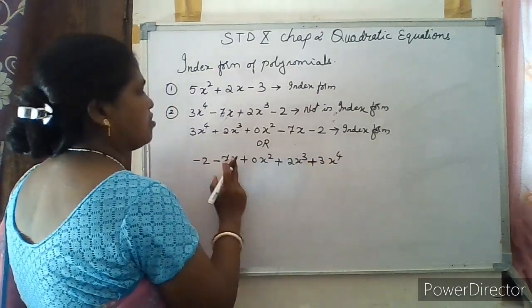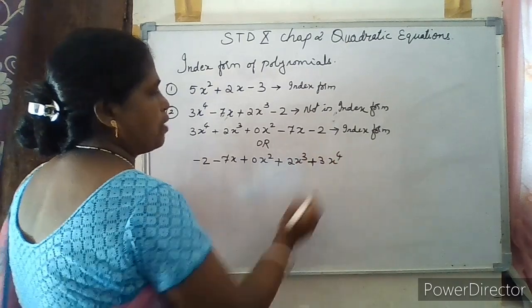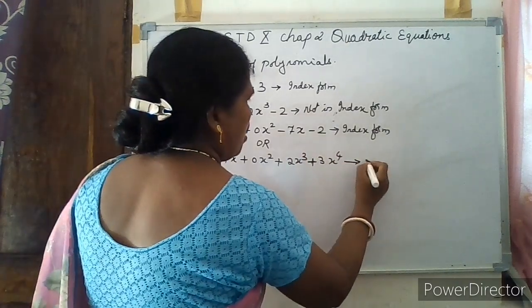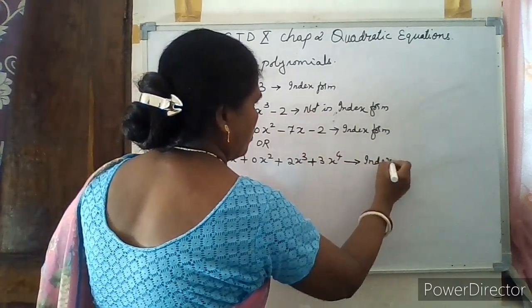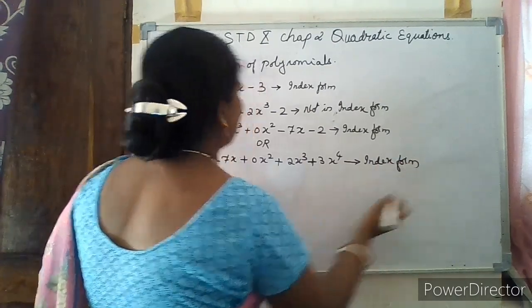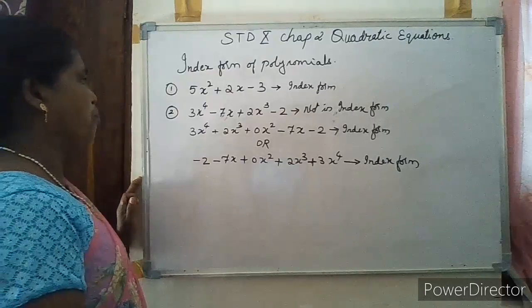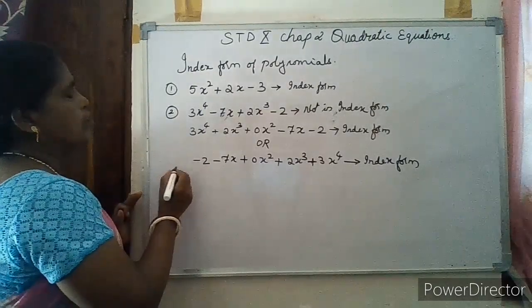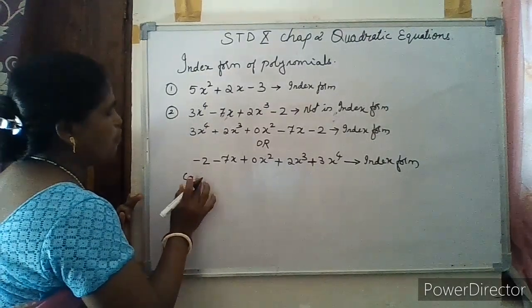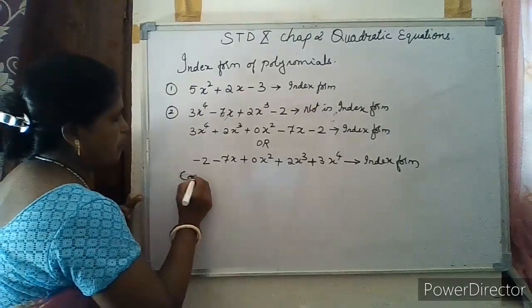This is in the ascending order of the power of the variable. This is also in the index form. So you have learnt how to write the polynomial in the index form. Now let us go with the coefficient form of the polynomial.